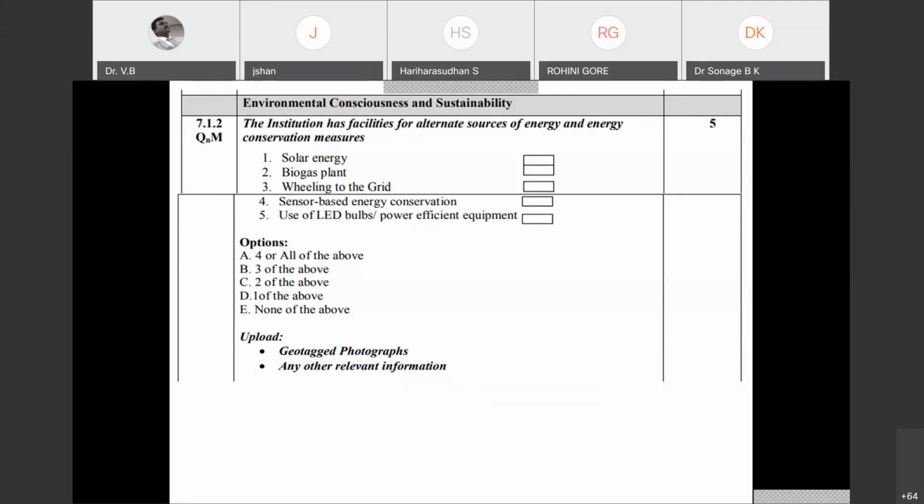That is sensor-based energy conservation. In case you have any such infrastructure inside the campus, then a geotagged photograph of the same is needed, and also the certificate or the bill or invoice generated by the company that established that sensor-based energy conservation system in the institution. That has to be scanned and uploaded.